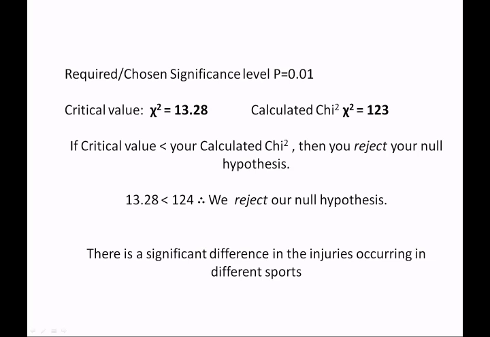So what we conclude from that is that there is a significant difference in the injuries occurring in different sports. Of course, it doesn't tell you where that difference is, which sport it is, or which injury it is. You would have to go in and look at that in more detail, and use some other tests or some plots or some other analysis to find out specifically where that difference is.